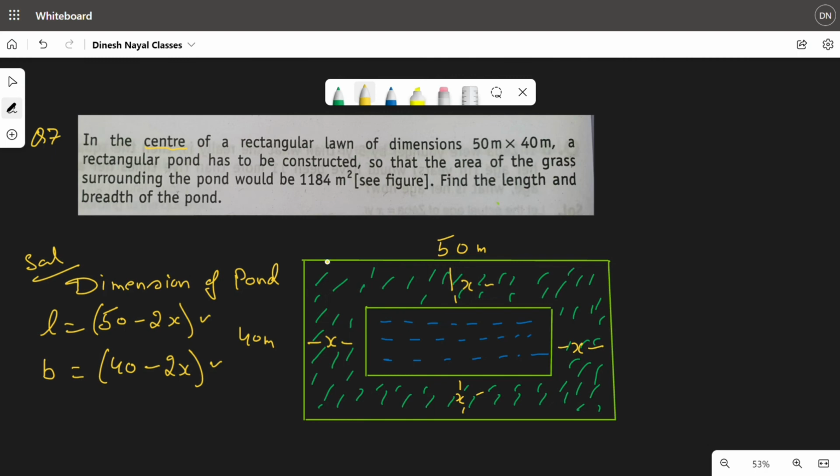Now, the area of the grass, the remaining grass is 1184. So, what we can do is that we can find the area of this rectangular lawn minus the area of the pond, that equals 1184 meter square.